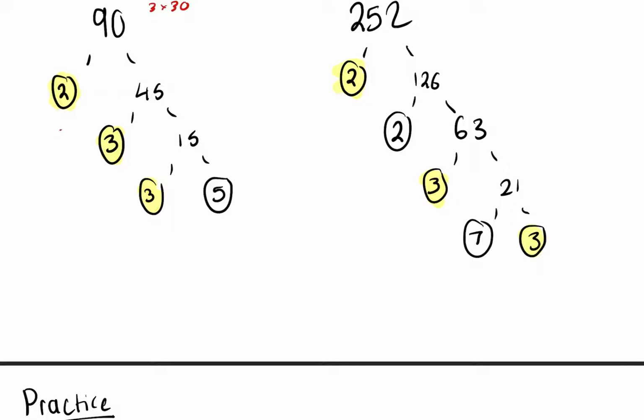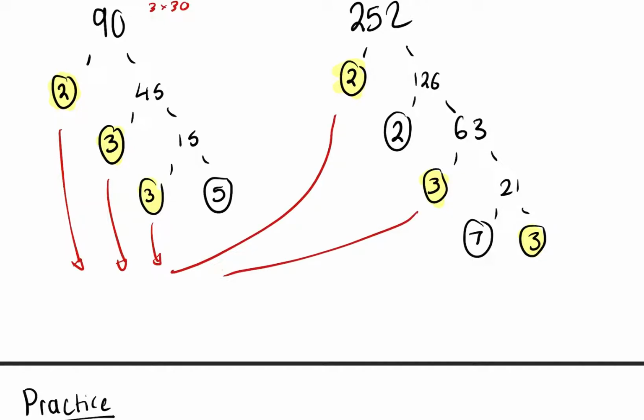Great. I want you to take these numbers. No, I want them to be used once each. So, highest common factor is 2 times 3 times 3.